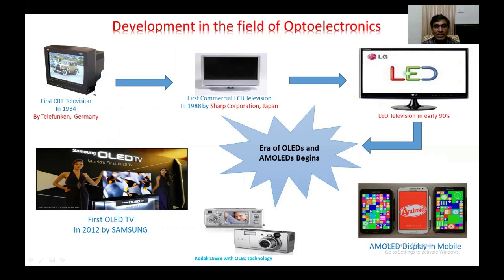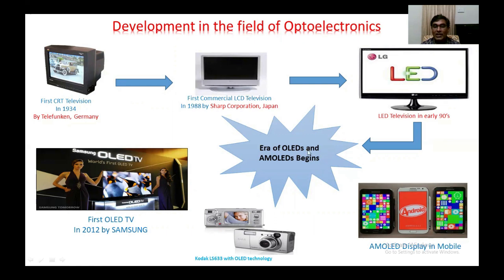Then in 1988, the first commercial LCD, that is liquid crystal display television, was introduced by Sharp Corporation in Japan. And then in the early 90s, the first LED, that is light emitting diode television, came into the market. And now today is the era of organic light emitting diodes and AMOLEDs, that is active matrix organic light emitting diodes.